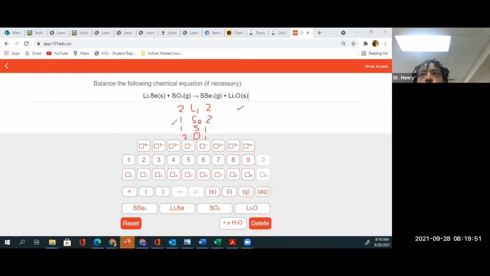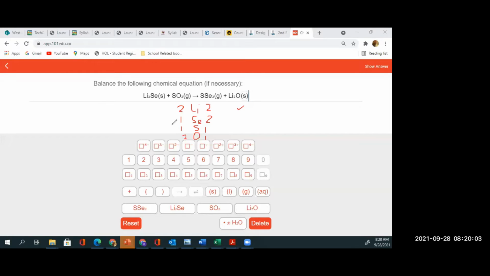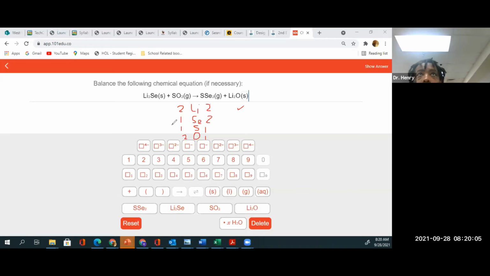Gabriella, what do you think I should do? Multiply by 2. Where am I going to put that 2? You're going to put it on the left side in front of the Li2Se. Okay, so right here? Yeah.